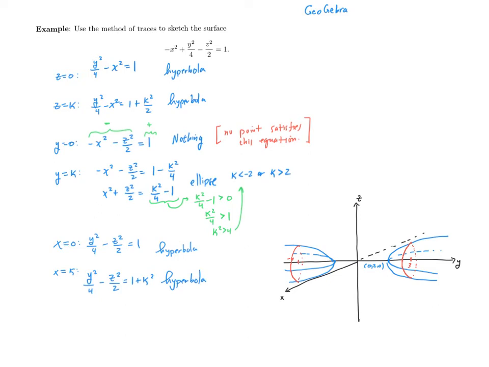And this is something that the book would more technically refer to as a hyperboloid. And it would even go further and call it a hyperboloid of 2 sheets, because it's made up of 2 parts, and all of the traces are either hyperbolas or ellipses.